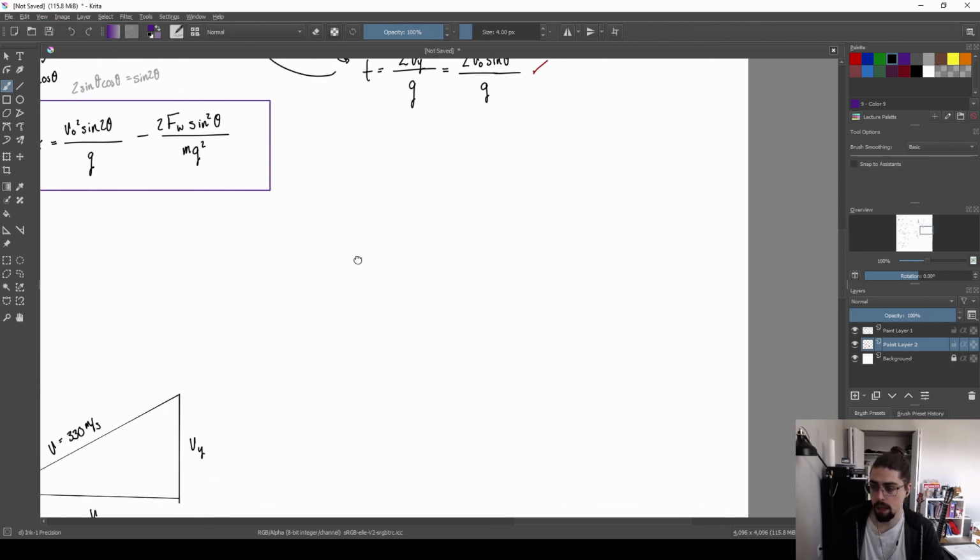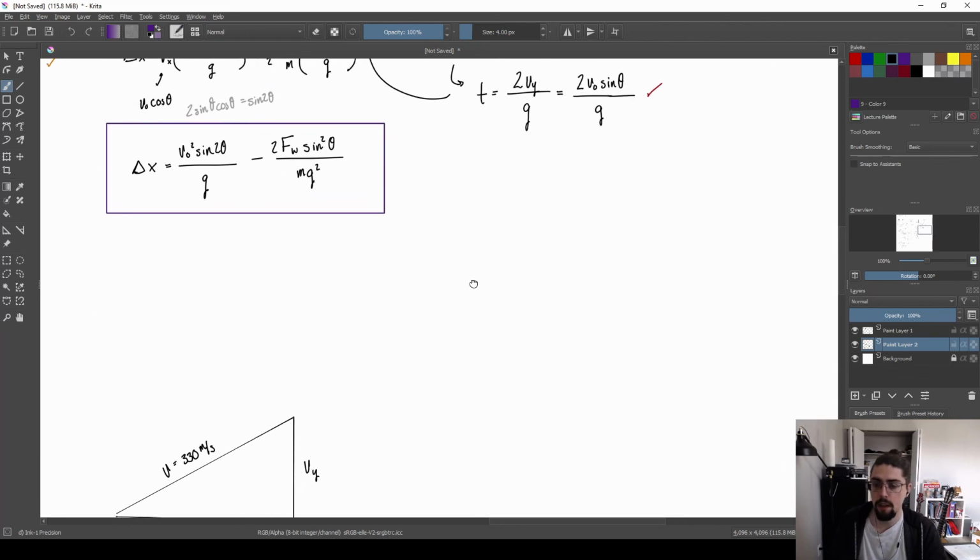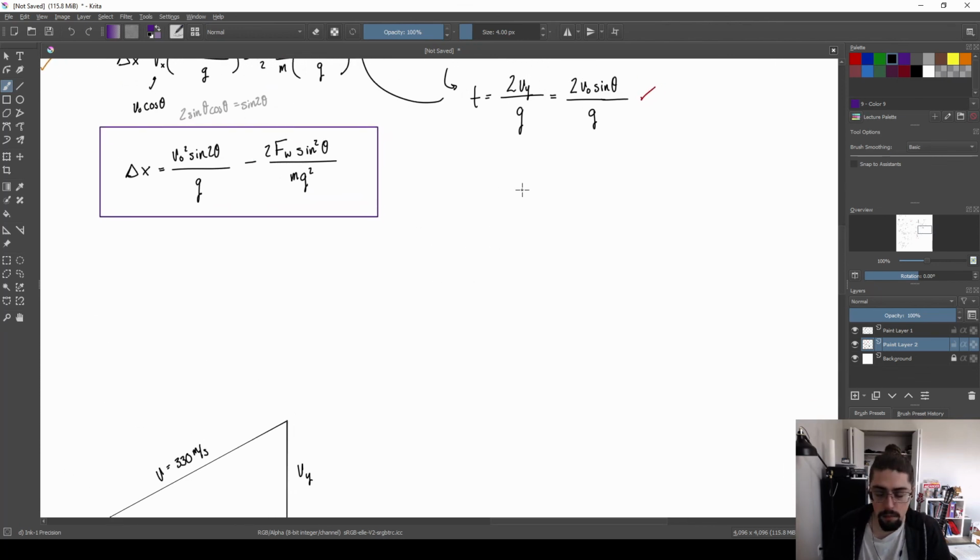I have managed to back myself into a corner apparently. But let's say not 45. Certainly not 45 anymore. Drag is messing that up. So let's say that we are saying pick a theta, find delta x.